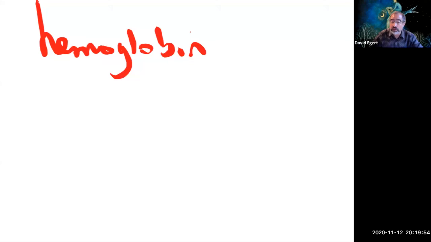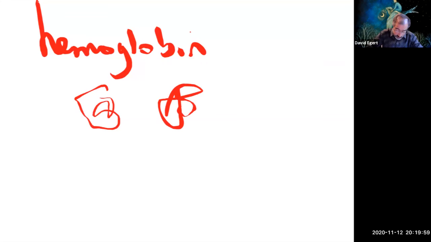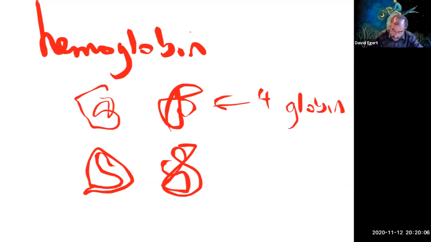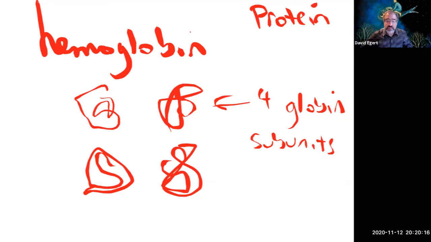So let's talk about hemoglobin. It is a big multi-part thing. It's got these protein subunits called globin subunits. So this is actually a protein. Having subunits means that it's got that quaternary, that fourth order structure. So globin subunits, and then there are these iron containing heme groups.